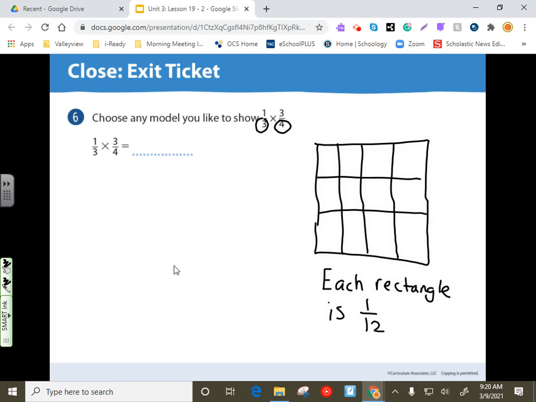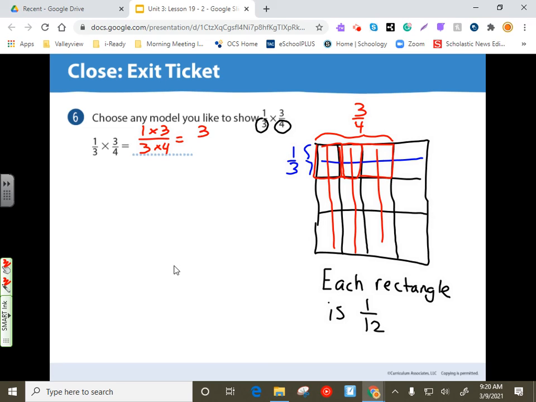Let's keep that in mind. So we've got our 3/4 up here. That's 3/4. We've got my 1/3 over here. And it looks like we've got some overlap on these right here. So 3 of those. So I'm guessing it's going to be 3/12. Let's check it. This is 1 times 3 over 3 times 4, and that's 3/12. So that does check out.